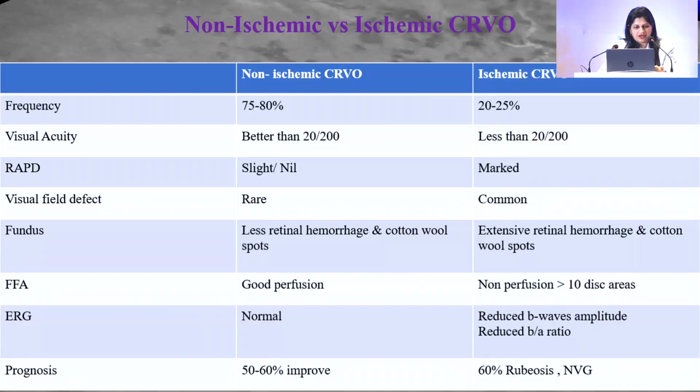Visual field defects are commonly seen. On FFA, you will get non-perfusion areas of more than 10 disc diameters. On ERG, there is reduced B wave and reduced B by A ratio. The prognosis of ischemic CRVO is bad, and usually 60% of patients develop rubeosis or NVG later in life.